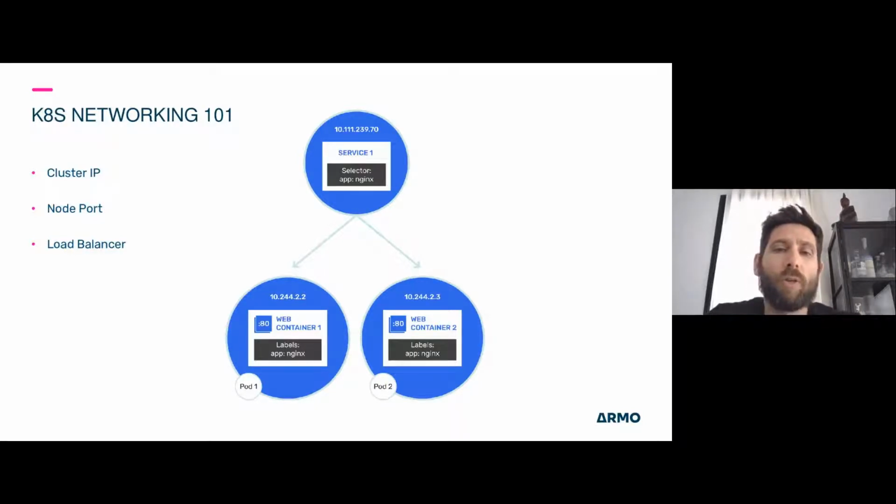So in order to do that, Kubernetes has a construct called service, and service can be of three types. Cluster IP, meaning that it's an internal IP address.